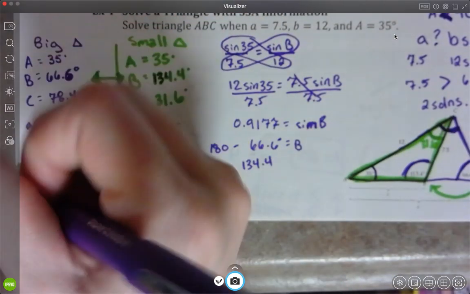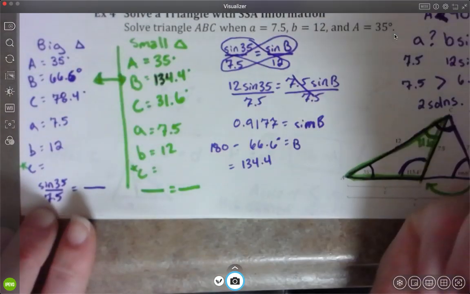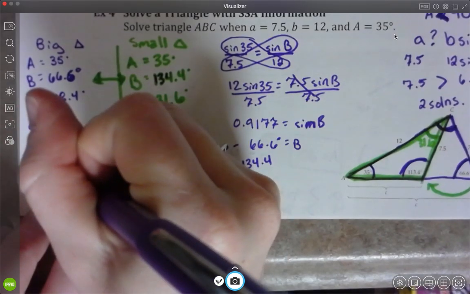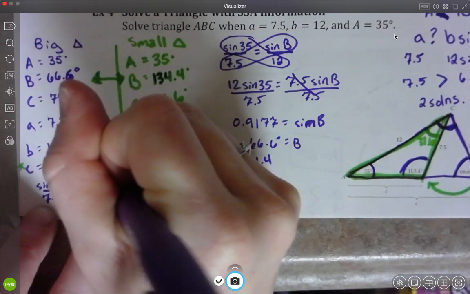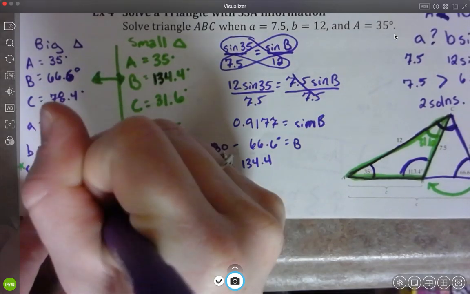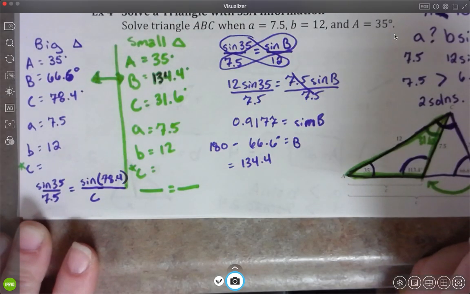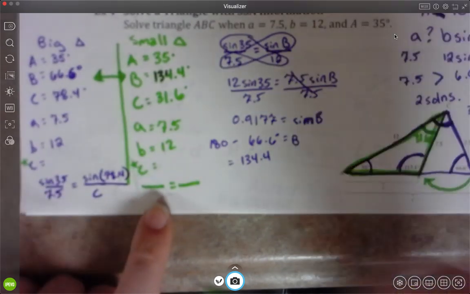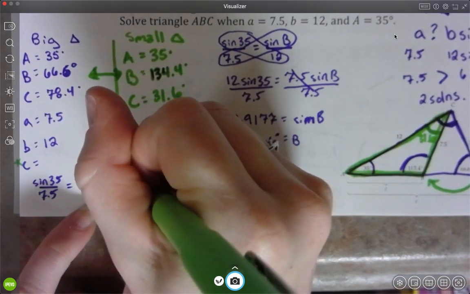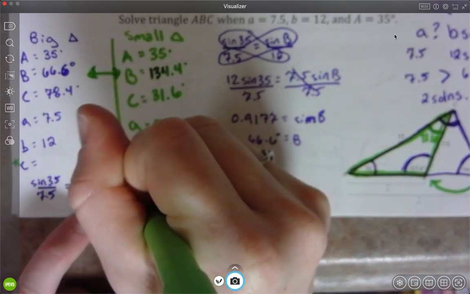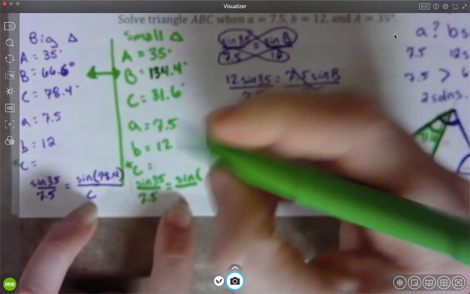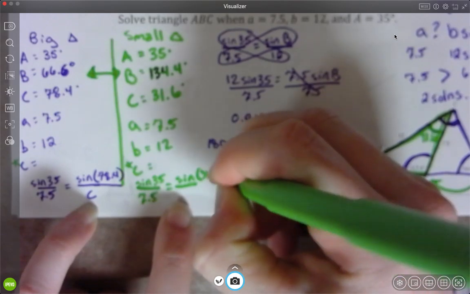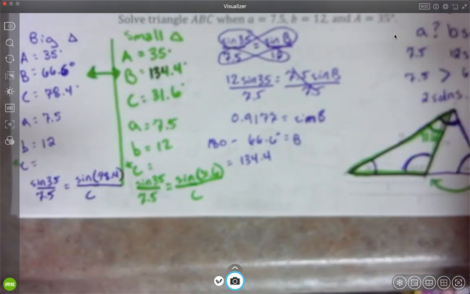We will have to use 7.5 because we used A. Then I want sine of C here, which is 78.4, and my lowercase c in that case. It's going to look very similar over here. I'm still going to use sine 35 and 7.5, but in this case my C is 31.6, and I have my little c here.